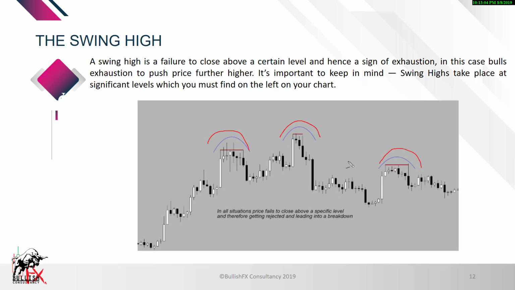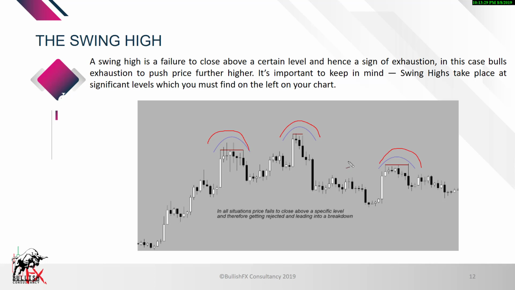These are signs of exhaustion in the market. Normally a swing high forms when market is in overbought conditions. So in this case, bulls' exhaustion to push price further high has diminished or is coming to an end.